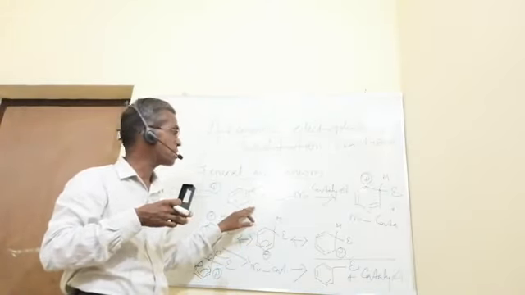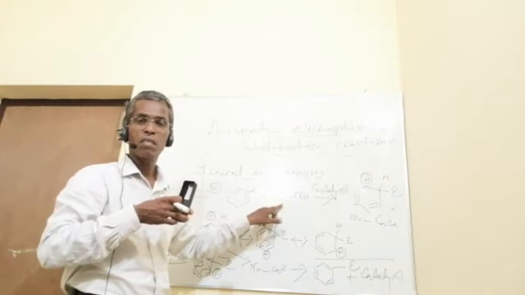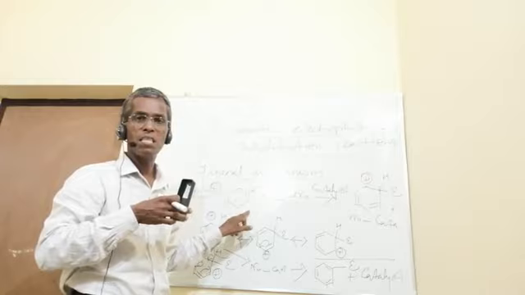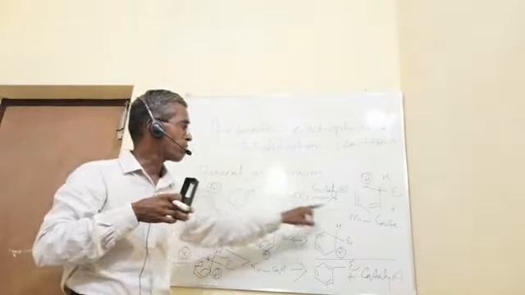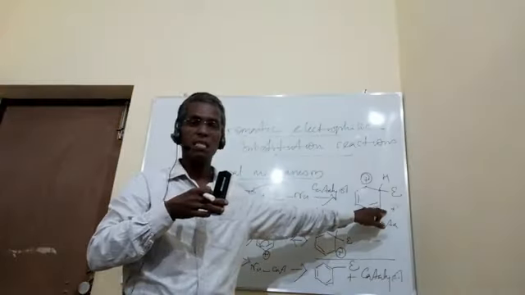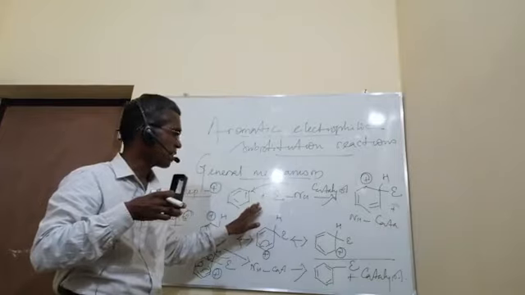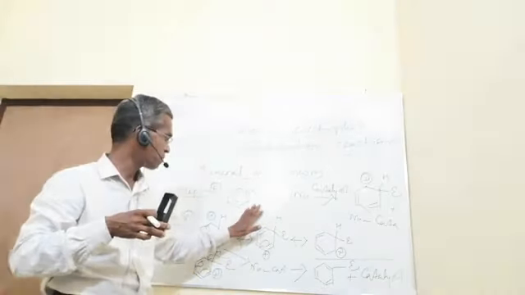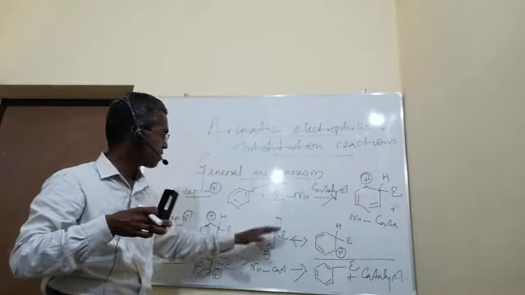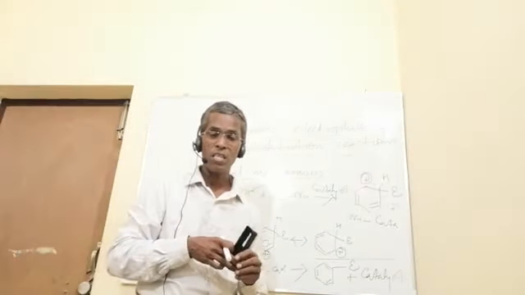Therefore this is an electron-rich center. Since this is electron-rich, the electrophile finds it easy to attack the benzene. You get finally the substituted product. Formation of substituted product using the electrophile is very easy as far as the benzene aromatic system is concerned. These are the 3 different steps normally involved in any type of electrophilic substitution reaction.